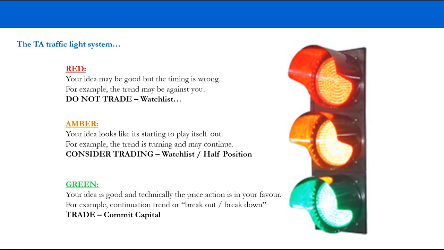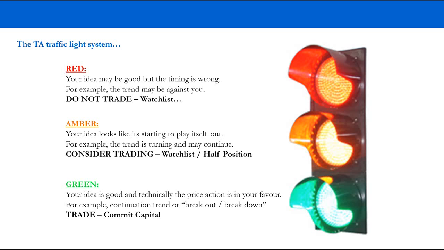Now, when you're applying technical analysis, it's always good to have a system in the back of your mind as to how you treat technical analysis, and when you pull up a chart, what it actually says to you, how you actually decide whether you're going to deploy capital to an already fundamental idea, fundamental predisposition. And a good way of thinking about it is to think of TA as a traffic light system.